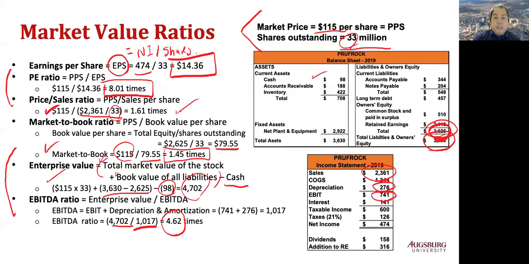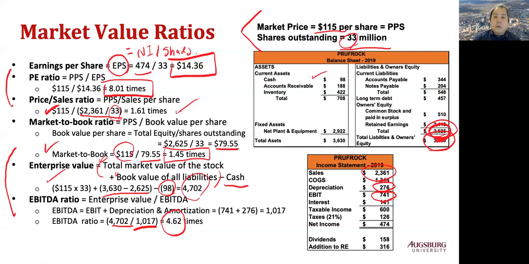Okay, so these are all the ratios we learned. When you look at a ratio, you have to do at least two things. One, you need to know how to calculate it. Number two, you need to know the meaning of the ratio. So focus on calculating the ratio plus the meaning of the ratio.